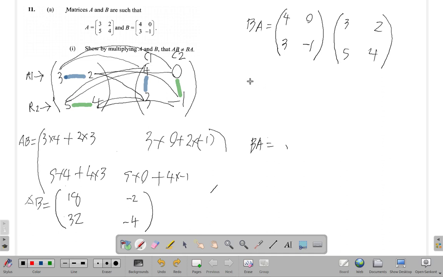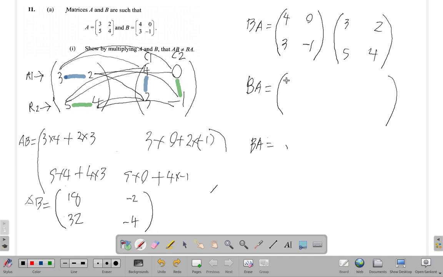Now BA equals, it's going to be row by column again. The top row by left column, because this answer right here, whatever is going to come right here, is in the top row by left column. In other words, row 1, column 1. You can see it.